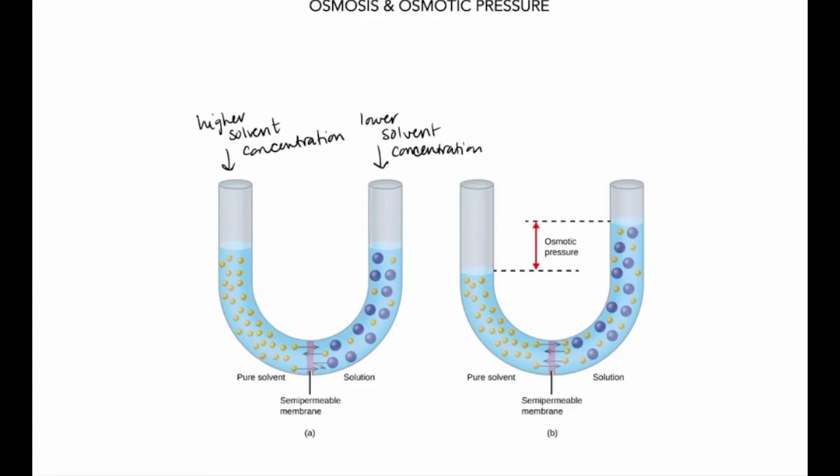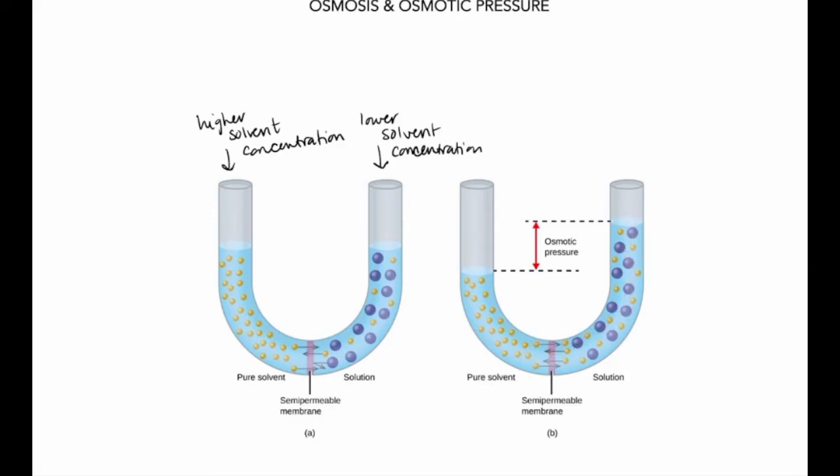So initially, we have some separation here, and the levels are equal. So solvent goes through to try to dilute that solution. But eventually, the liquid level gets so high that there's a pressure pushing some particles back through.